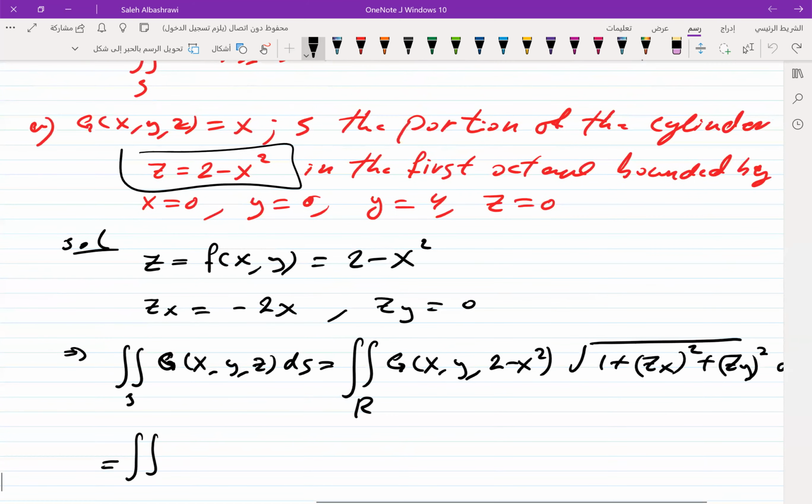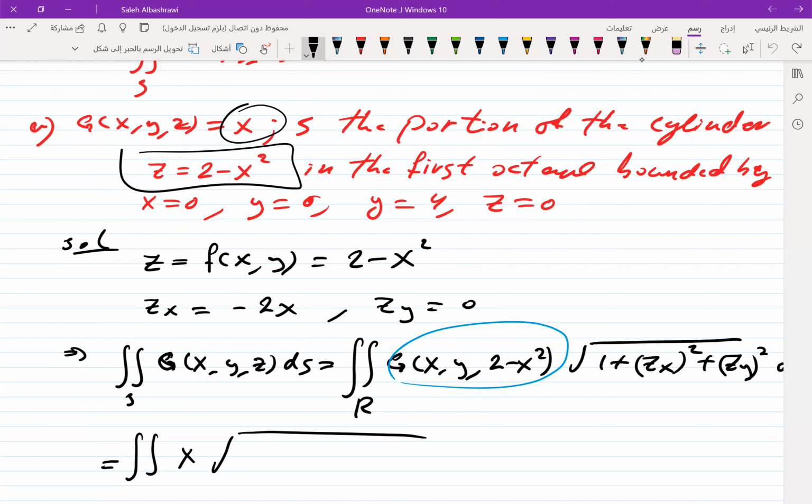My function is g(x, y, z), which is equal to x. So all that I have is this function equal to x, given there in the question. So it is x multiplied by the square root of 1 plus z sub x squared, which is this one.